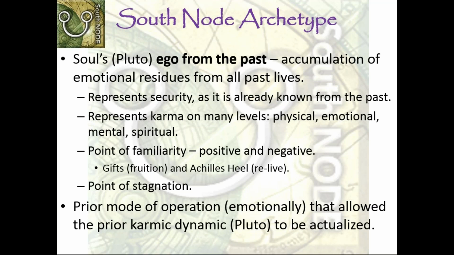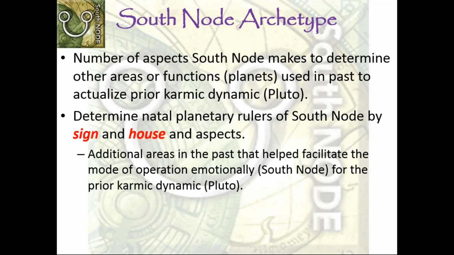It can also be a point of stagnation. Again, it's security. It's what we know. It gives us comfort. It is the prior mode of operation on emotional levels that allowed the prior karmic or natal Pluto to be actualized. And when you look at that South Node archetype in a chart, you look at how many aspects the South Node is making to see what other areas or planets were active in the past with that karmic dynamic or natal Pluto.